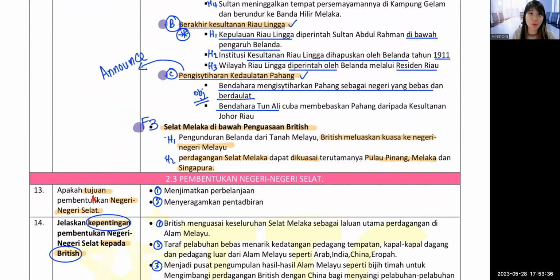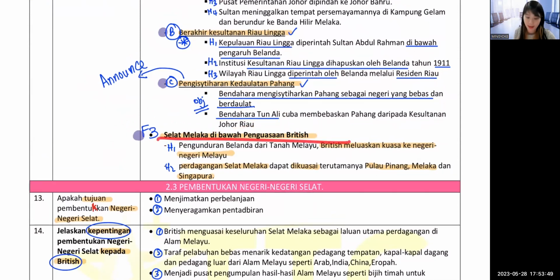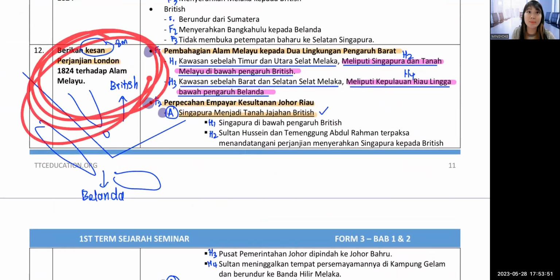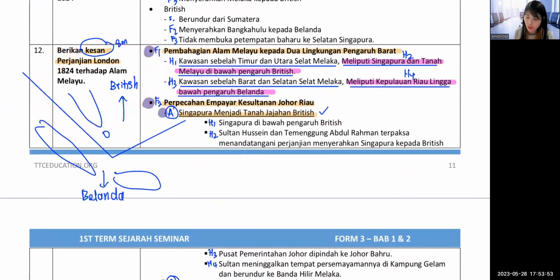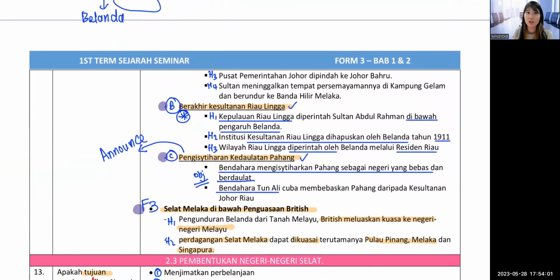We move on into the third fakta, which is Selat Melaka. Selat Melaka di bawah penguasaan British. Hey guys, you see the third fakta, which is kesan towards Perjanjian London. Other than because of pembahagian alam Melayu kepada dua lingkungan pengaruh, other than because of perpecahan Empire Kesultanan Johor Riau, also because of Selat Melaka di bawah penguasaan British.